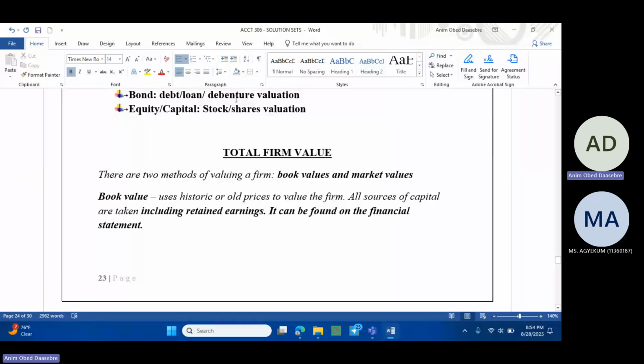When you want the equity too, you pick the book values on their financial statements, then you add all of that, you get the book values. So that is how to get the book values of each of the sources of finance. Usually, they give it to you in a question that the book value of capital is this or the book value of bond is this.